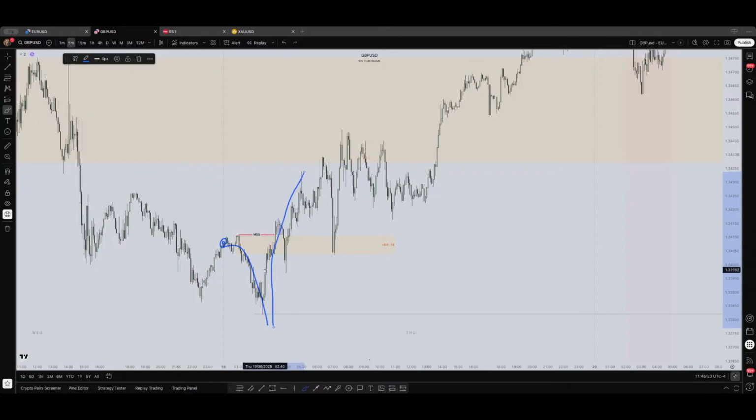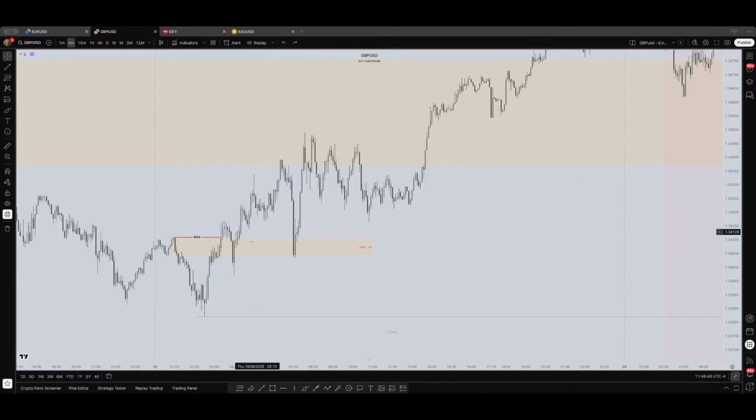You know, that's why it's very important, the power of 3, because with power of 3 you're waiting for manipulation first and then distribution. So what happened here? Price already here, as you can see, rebalanced this fair value gap, 5 minute. But this is the news, right? This drop was the news.